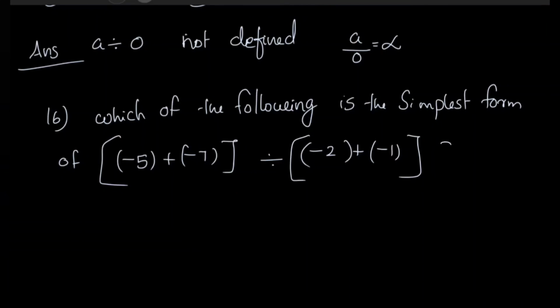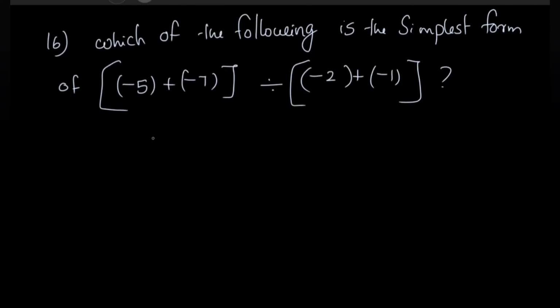This is our question. According to the BODMAS principle, brackets have the first priority of operation. So we have to do the calculation given under the bracket first. So -5 plus -7 is first calculated, and it is equal to -12. Next, -2 is added with -1, that is -2 plus -1 is -3.